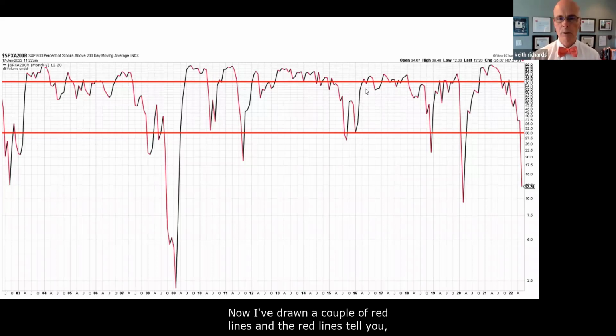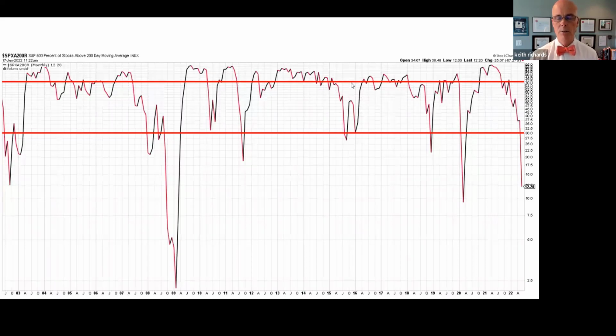Now, I've drawn a couple of red lines, and the red lines give you an indication of when there's too many stocks above the moving average, as you can see here. So we were in that situation through much of 2021. And then you can see when there's too few stocks.